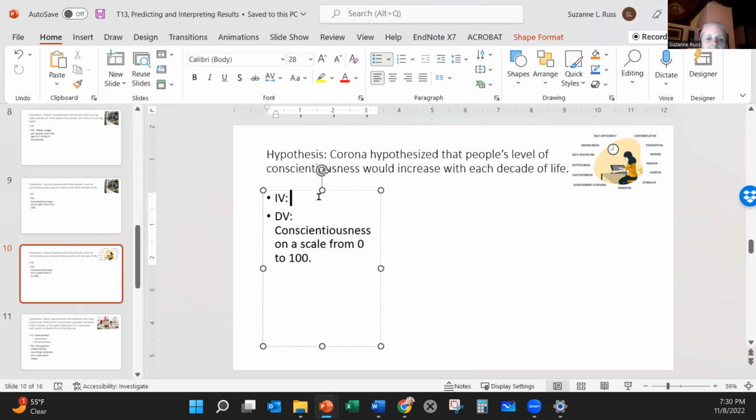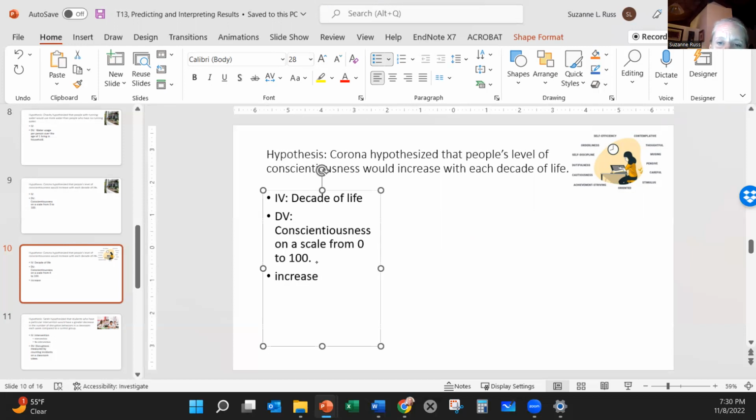And so we're going to be measuring conscientiousness on a scale from 0 to 100. And our independent variable is actually going to be decade of life. So like in their 20s, their 30s, their 40s, that's what we're going to see. And we are expecting an increase as stated in the hypothesis.